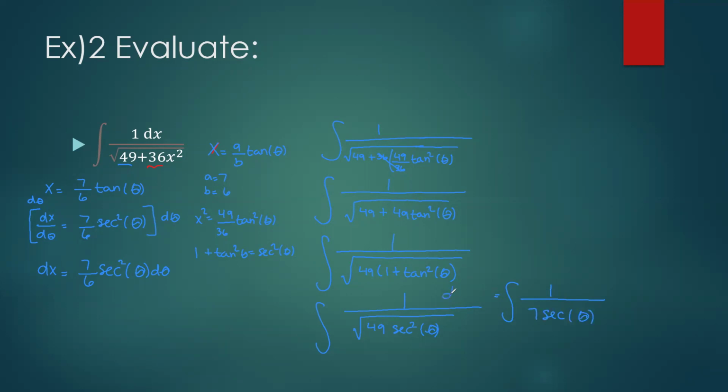But I forgot we have this dx. We have a problem: we have to put it all in terms of theta. So what did we say dx was? This part here, 7 over 6 secant squared theta d theta.